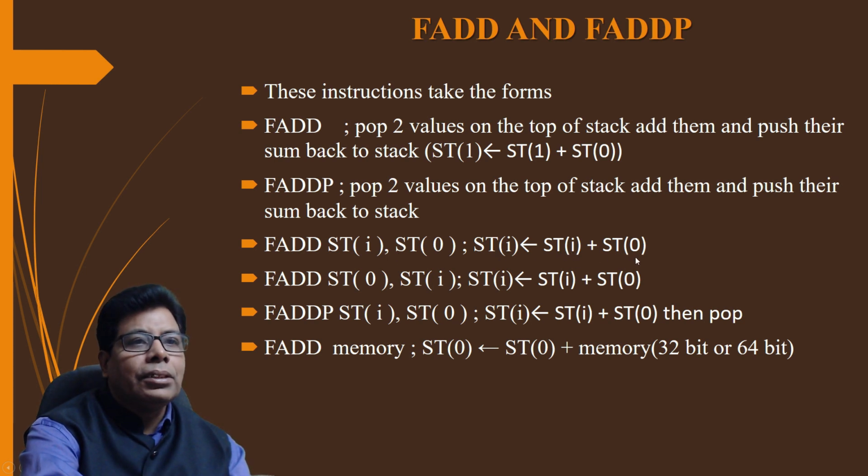STI plus ST0, that is the top of the stack, they are added, and the result is stored in the destination register. If you take I as 3, then ST3 is the destination. So ST3 is added with the source, that is the top of the stack, and the result is stored in ST3. And similarly, here we have taken the destination as ST0 and STI as the source.